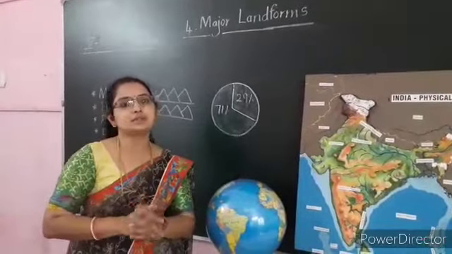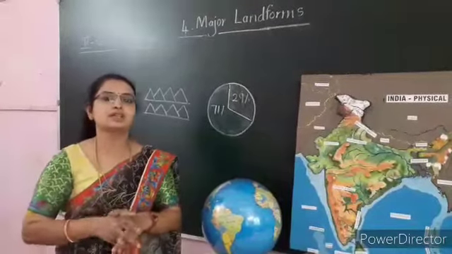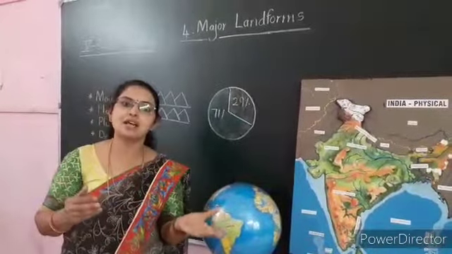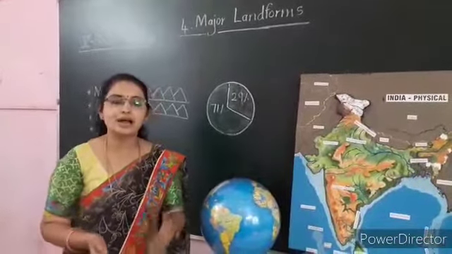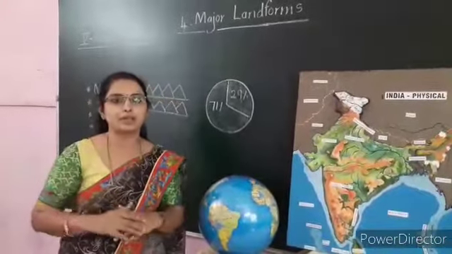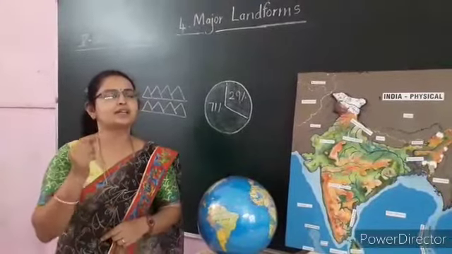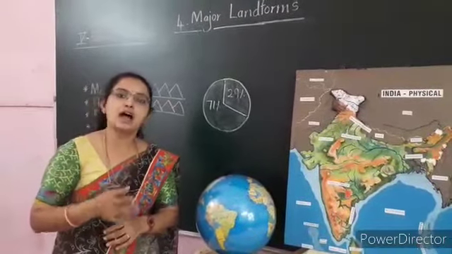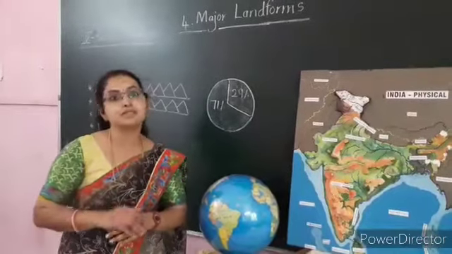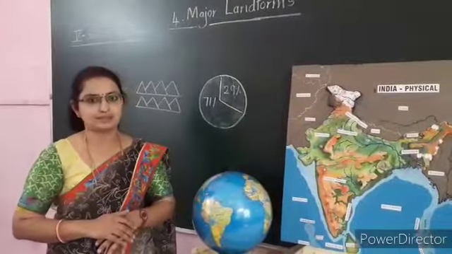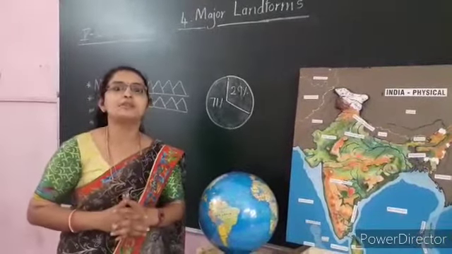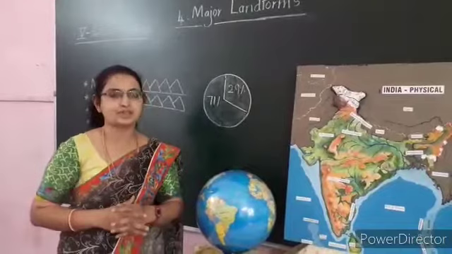Because rivers originating in mountains receive water from rain as well as melted snow and ice. The steep slopes of the mountains are covered with rich pasture and valuable forest. Pasture means grasslands. Some mountains are rich in mineral deposits.